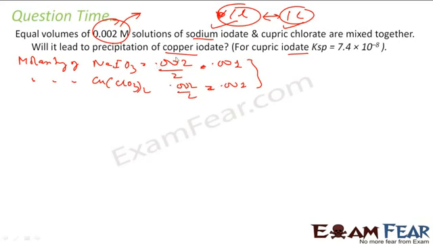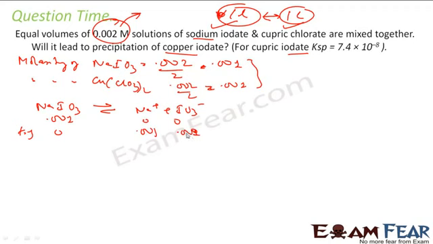Now let's solve the equation for NaIO3. NaIO3 breaks into Na plus and IO3 minus. So this was 0.001 initially, and 0 in these, and at equilibrium this will become 0, and these will become 0.001 and 0.001. Easy.